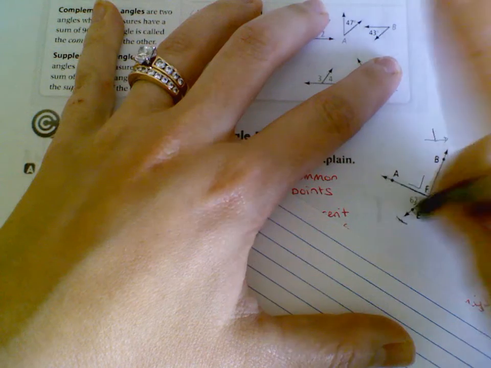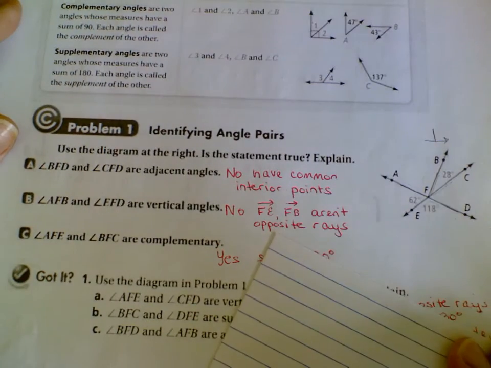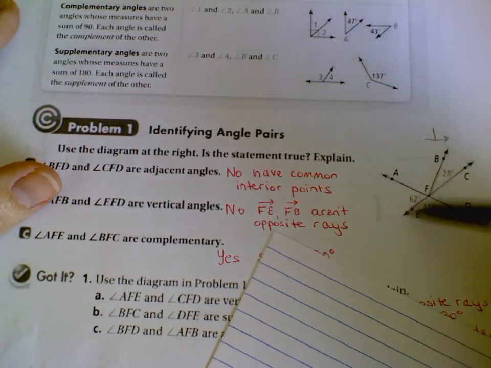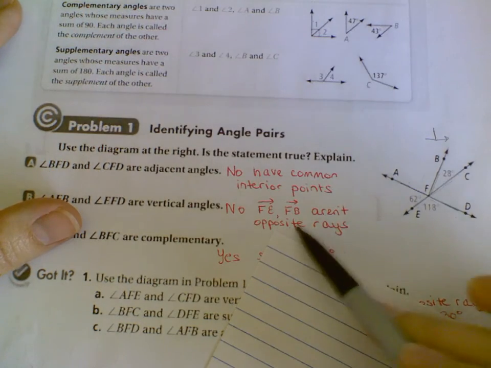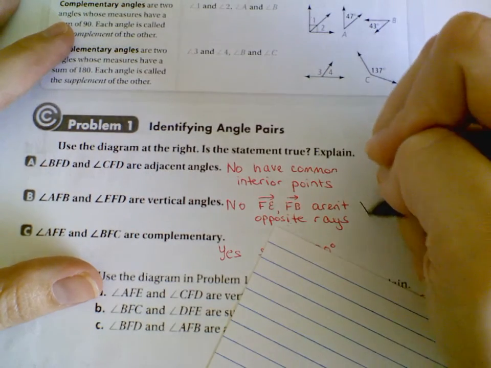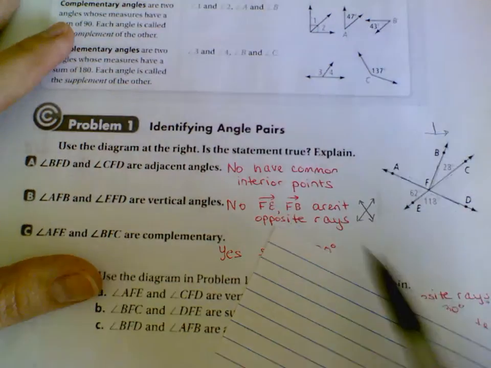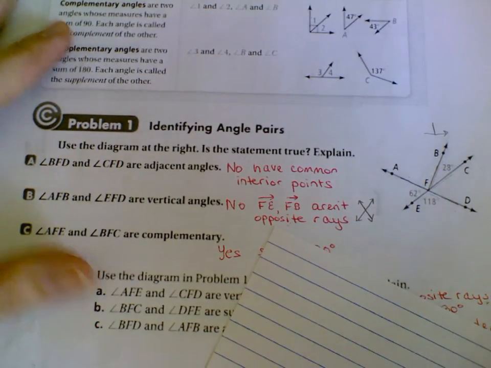So it has to be a straight line. So this would also be a no because I don't create that X, which in turn means that these are not opposite rays. Okay, so remember for a vertical angle, they have to form that X shape with straight lines. That's where the opposite rays part comes into play.